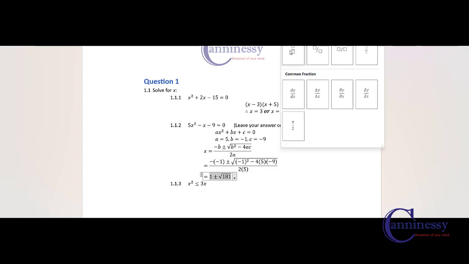So you have plus 180, so we can just say here it is 181, all over 10.